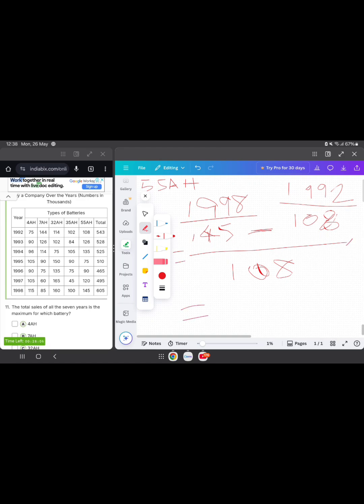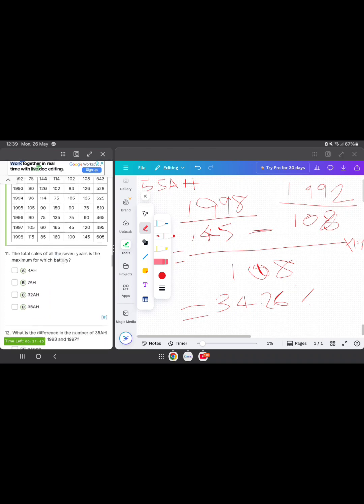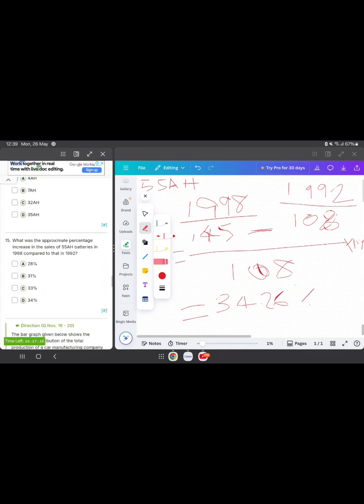And then we can multiply by 100%. So we have (145 minus 108) divided by 108 times 100, which gives us 34.26%, which is option D. Option D.